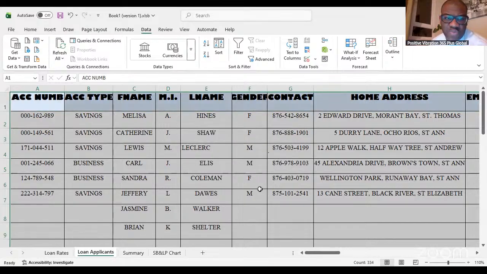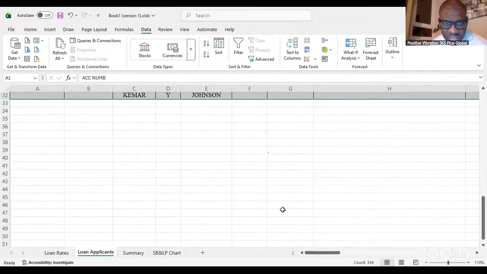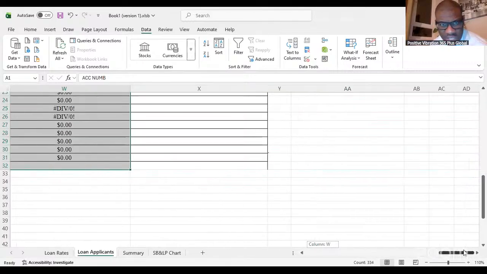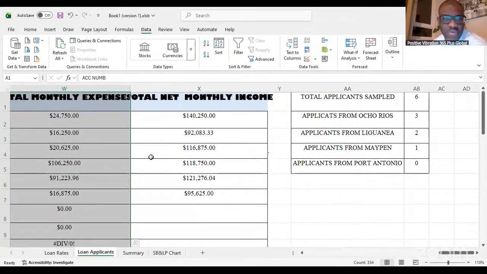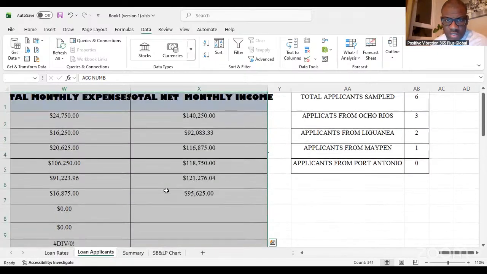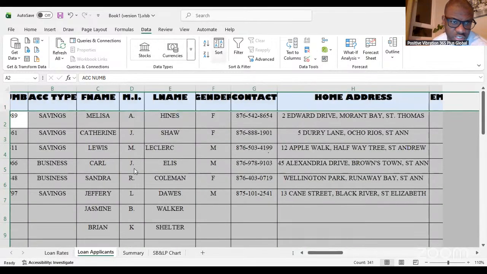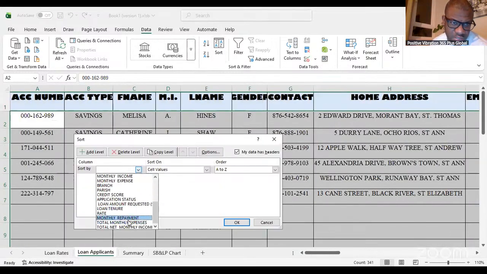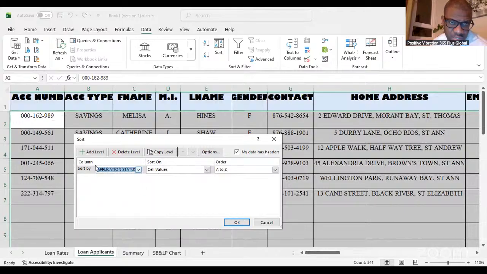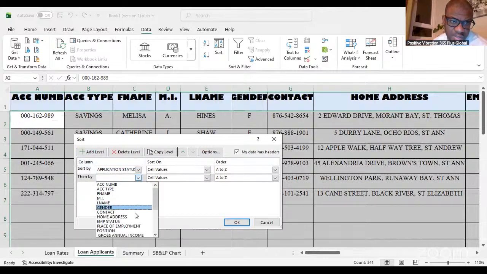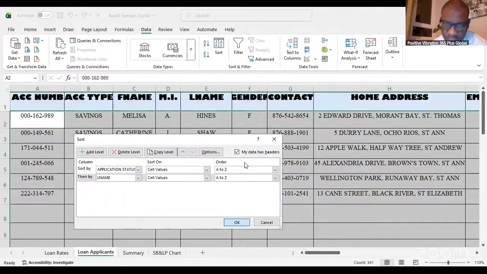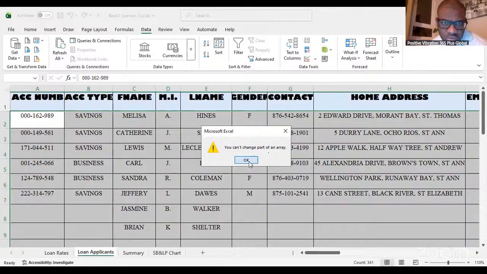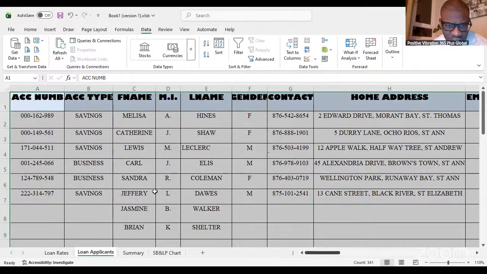You can't change part of an array. Is it part that I'm changing? I don't think it's part. Oh, I left off this part. Let's try again. Sort, ascending, then add level, and then do last name. Okay. Why is it saying part of an array? This is not part.